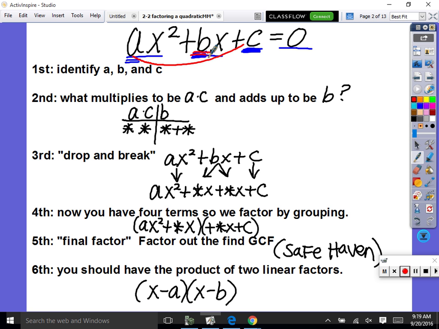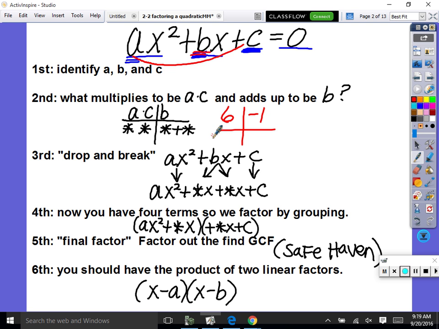So A times C, if it was a 3 and a 2, we'd have a 6 right here. And let's say this B value was -1. We're going to find the factors that multiply to be +6 and add up to be -1. And we'll do that slowly in a second.